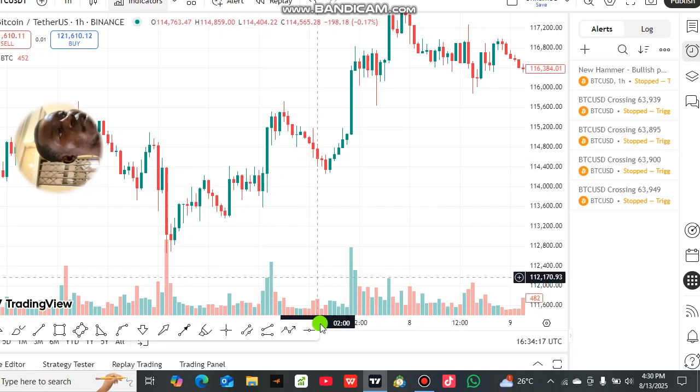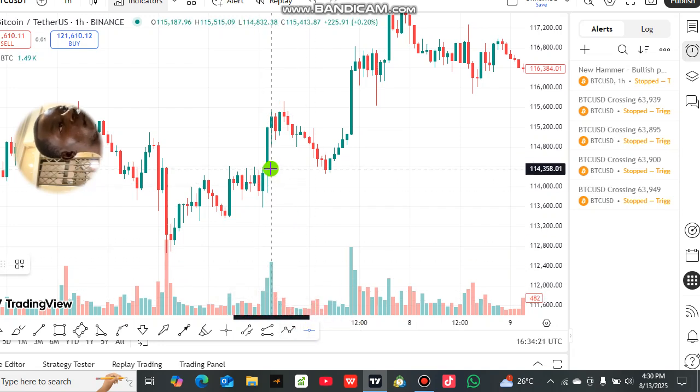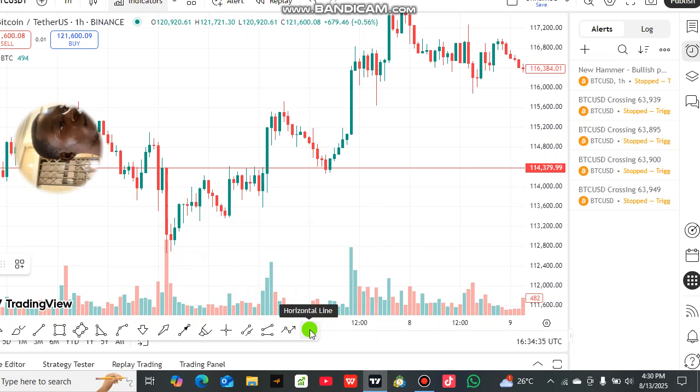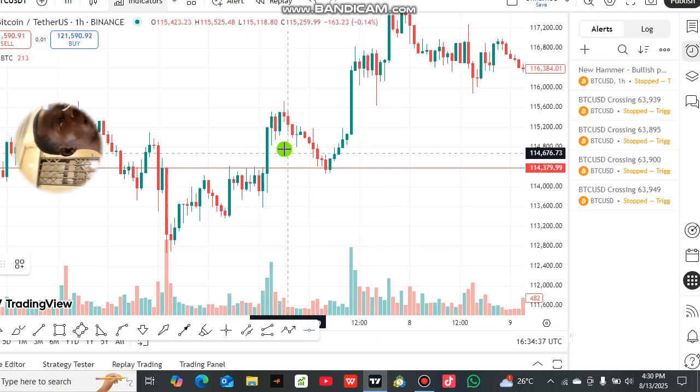For this particular one, let me use a horizontal line, for example. We have this bullish candlestick, this is the first one. Then you place the horizontal line just at the tip of that, as I've done. Then let me use another horizontal line and place it just at the tip of the third one.